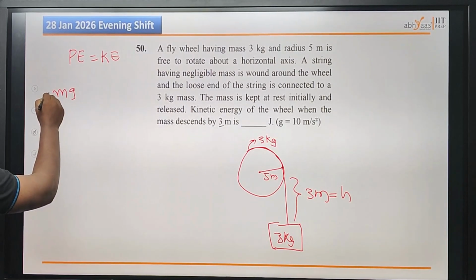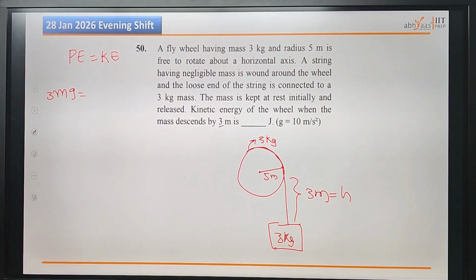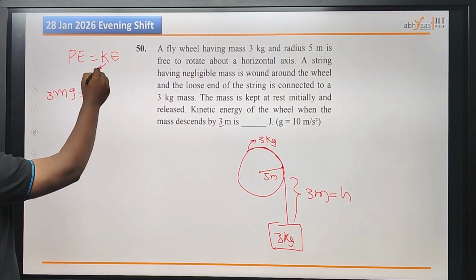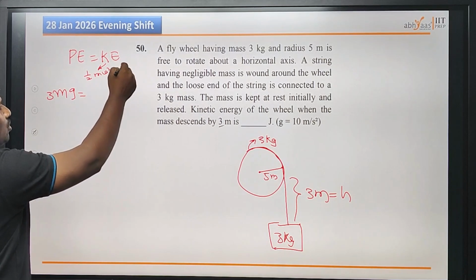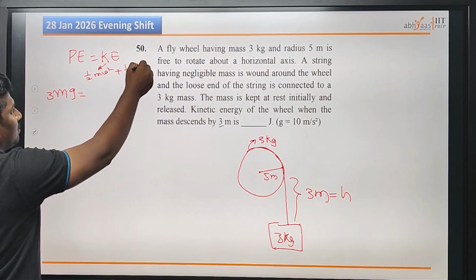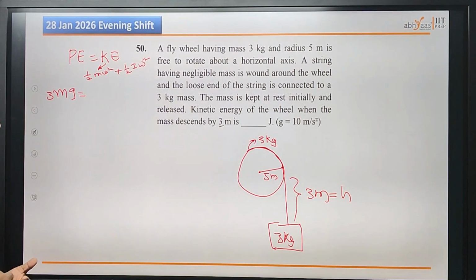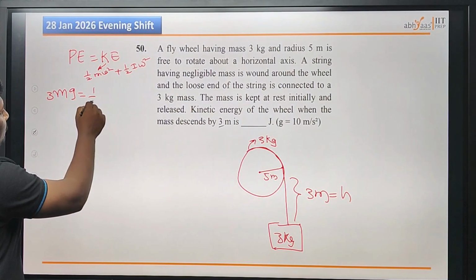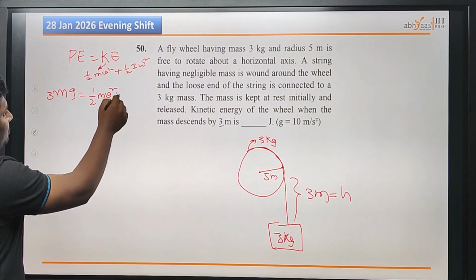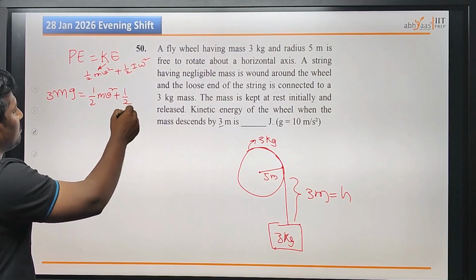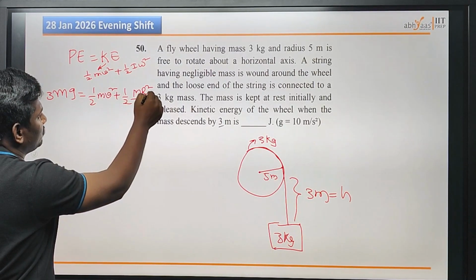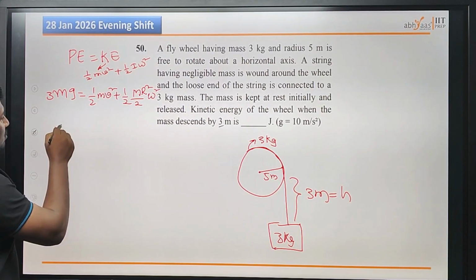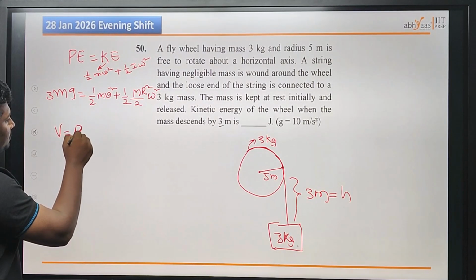mgh is nothing but 3g, I am writing here. Kinetic energy: one is the linear kinetic energy, that is half m v square. One more is there, the rotational kinetic energy, half I omega square. See here, half m v square plus half, m r square by 2, that is I equal to m r square by 2, into omega square. We know the formula V equal to R omega.